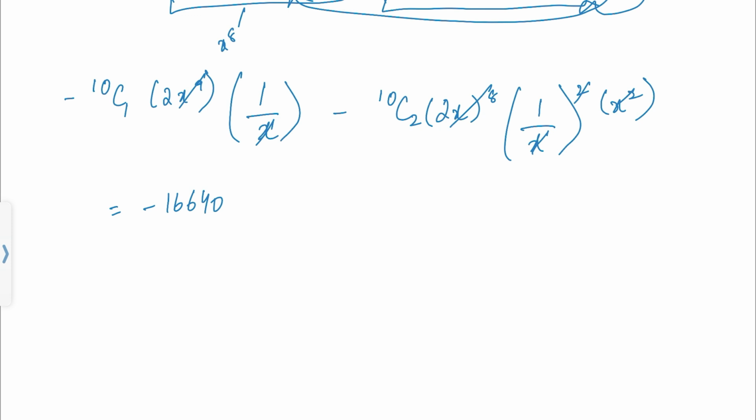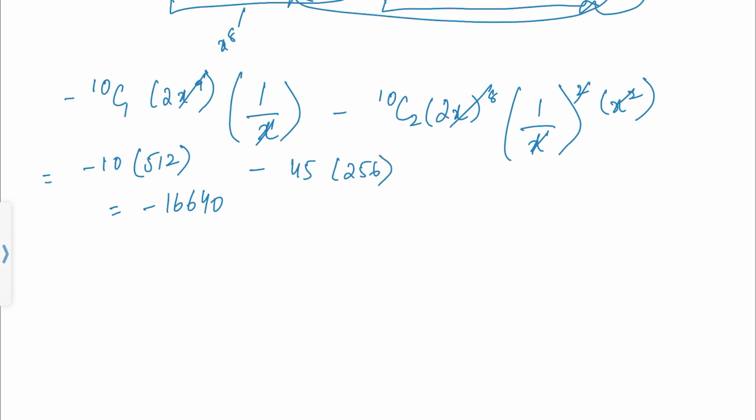We just calculated. 10c1 2 power 9. 10c1 is 10. 2 power 9 is 512. And then minus 10c2 would be, I guess, 45. 2 power 8 is 256.